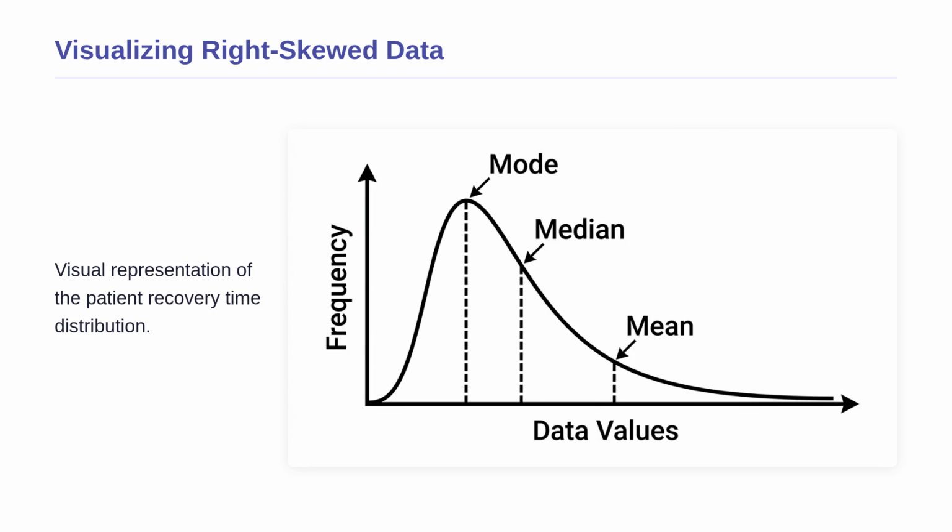But look at that long tail stretching far out to the right. That tail is caused by our extreme 16-day recovery time. Crucially, look at the 3 dashed lines. The mode is at the highest peak. The median is slightly to the right, and the mean is pulled furthest to the right, deep into the tail. This visual perfectly illustrates why the mean is greater than the median in a positively skewed dataset.